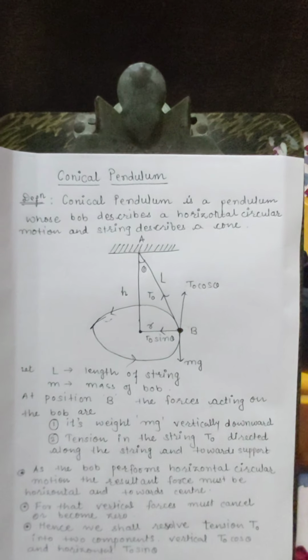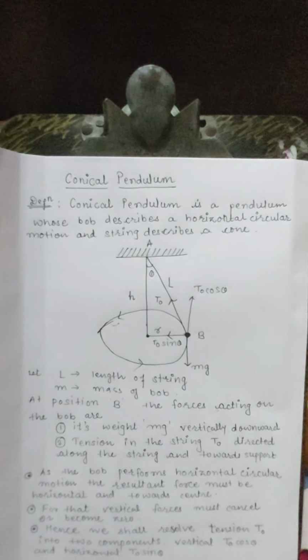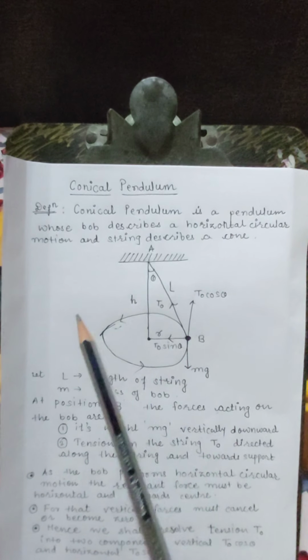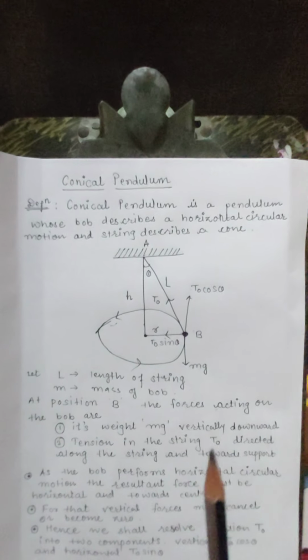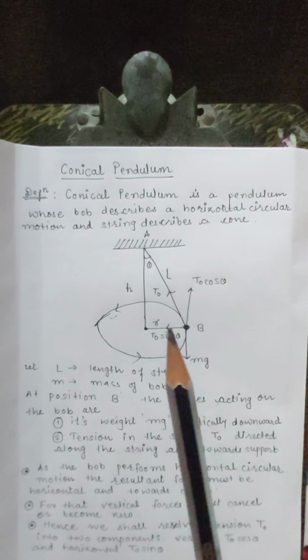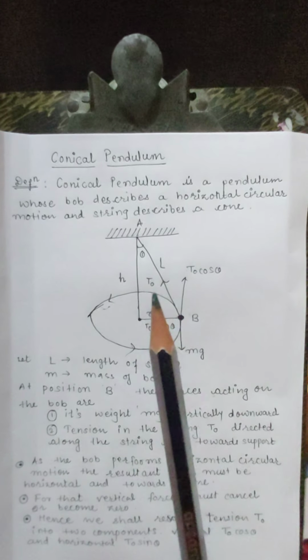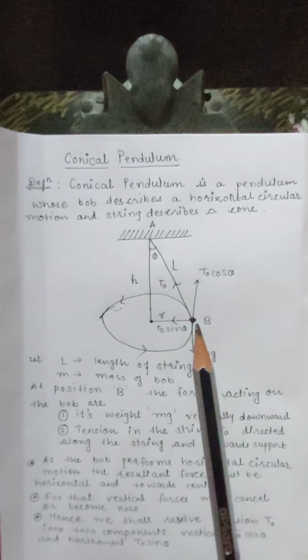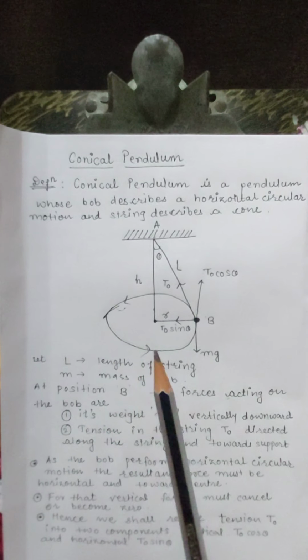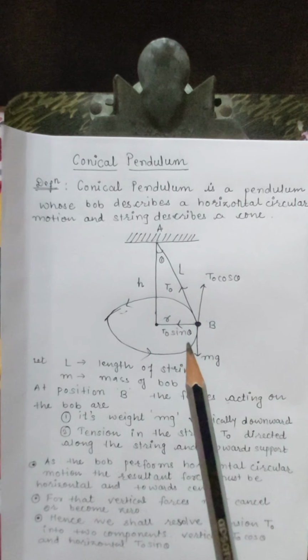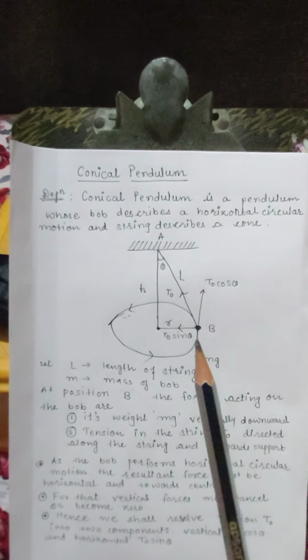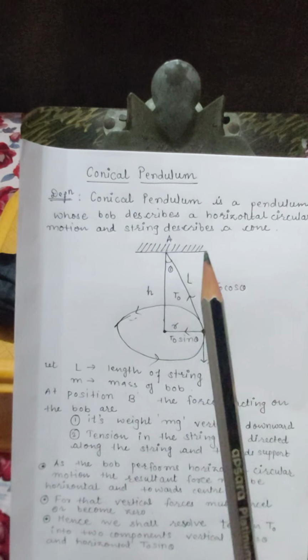Then what is conical pendulum? You can see this diagram, then you will get a clear idea about the conical pendulum. Conical pendulum is also a pendulum. Here is one bob, and in the conical pendulum this bob describes the horizontal circular motion, while the string describes a cone, like an ice cream cone.